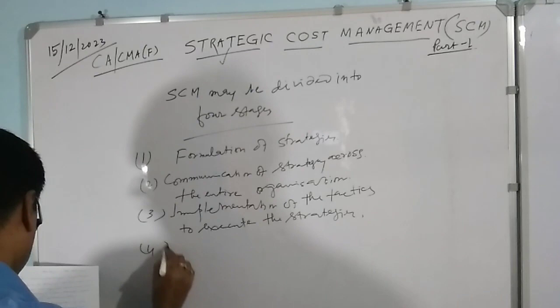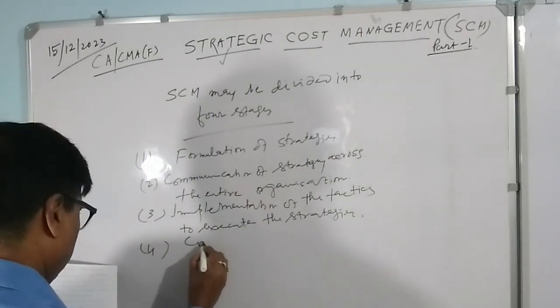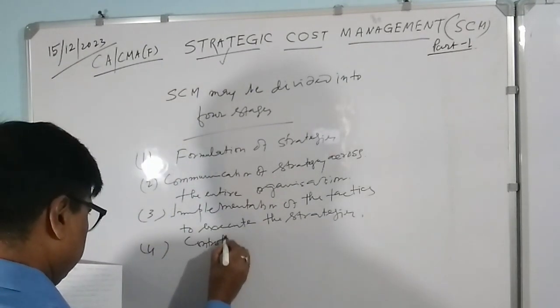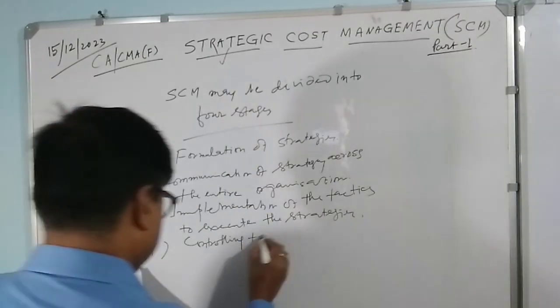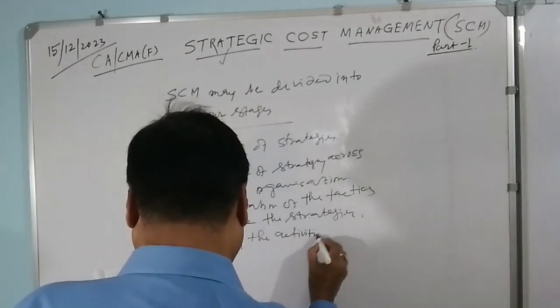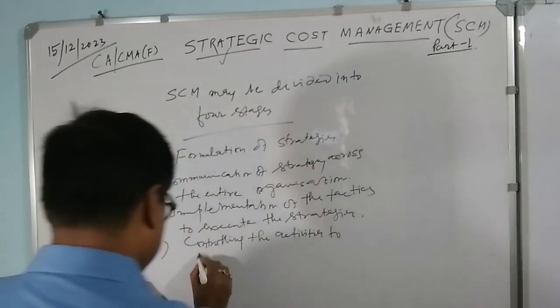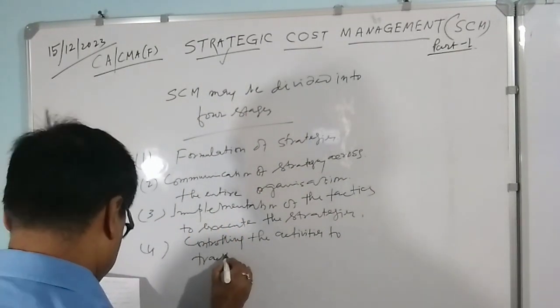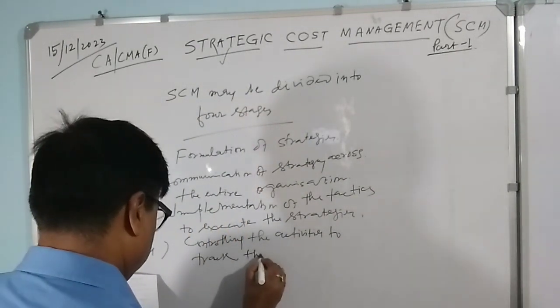Number 4, controlling the activities to track the achievement.